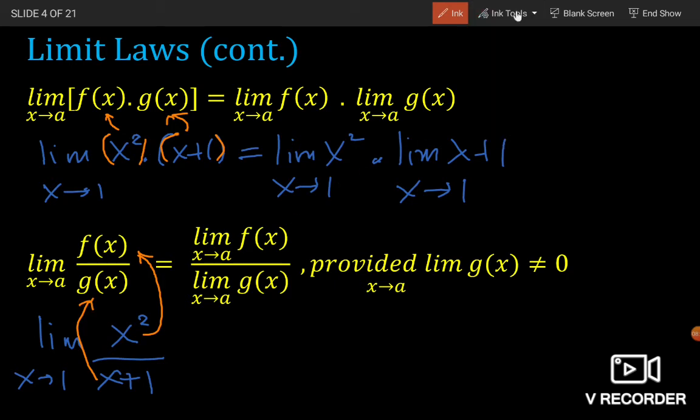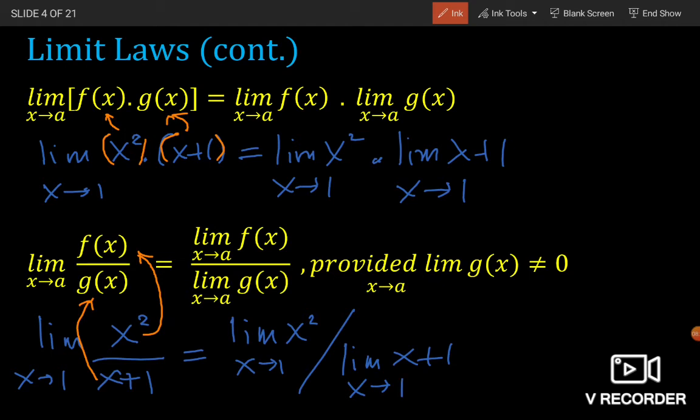So in this case, this is equal to the limit of x squared as x approaches 1 divided by the limit of x plus 1 as x approaches 1.